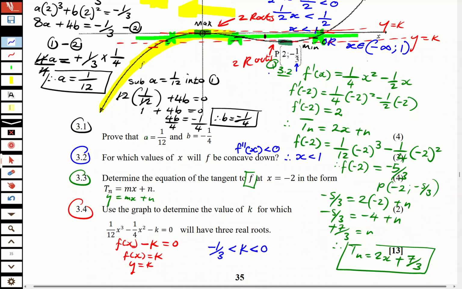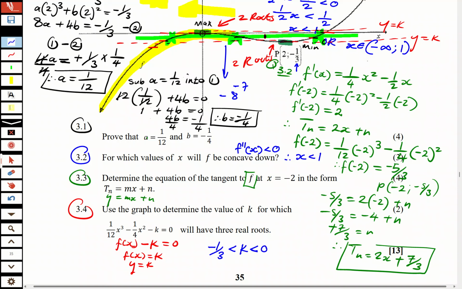Guys, does greater than negative 1 over 3 mean k will lie below the minimum, or exceed and go to negative infinity, or negative 8, negative 7 there? It doesn't mean that, guys.